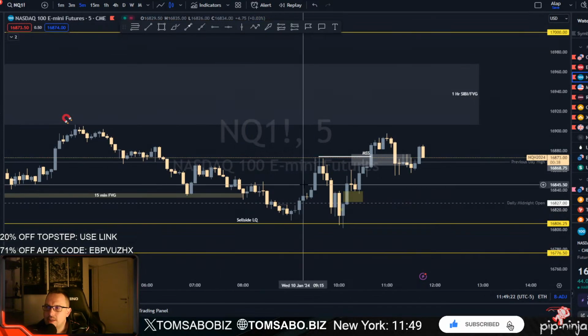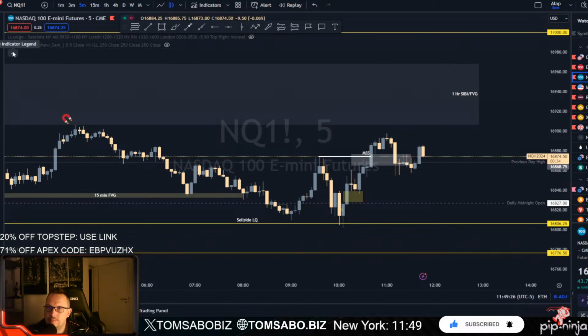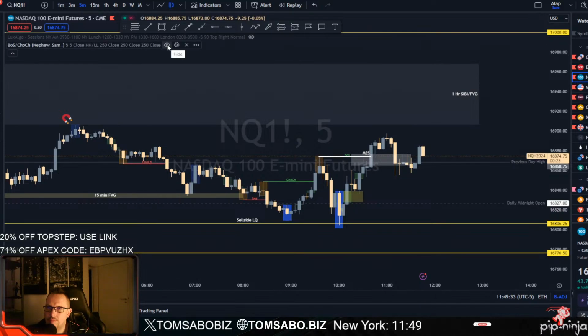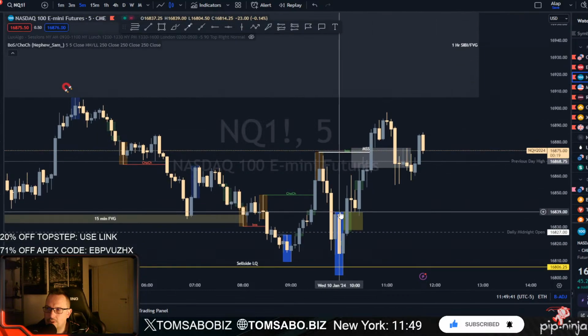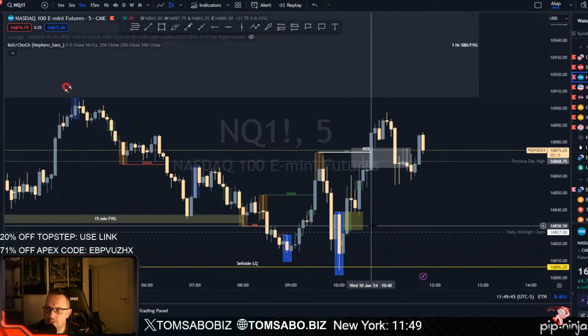So this price action is wow. Look at that bullish order block. Boom, price hits it.